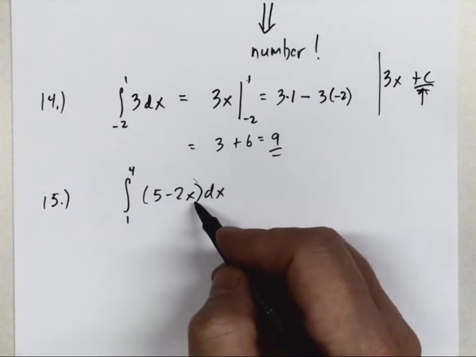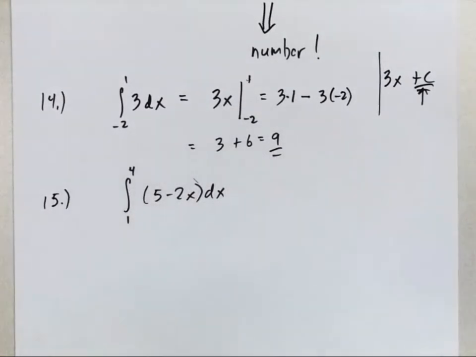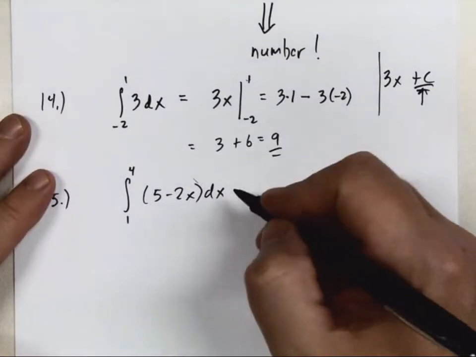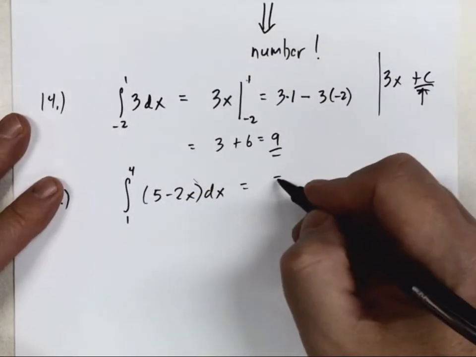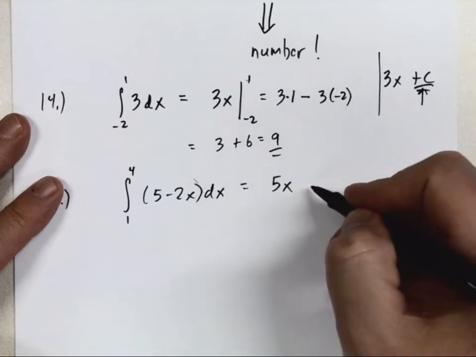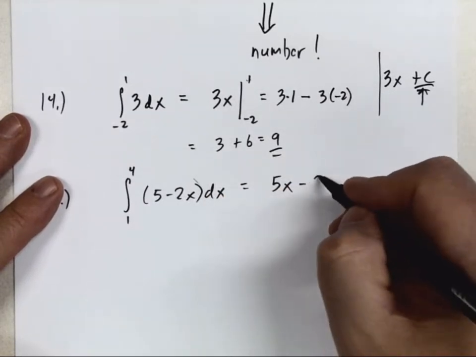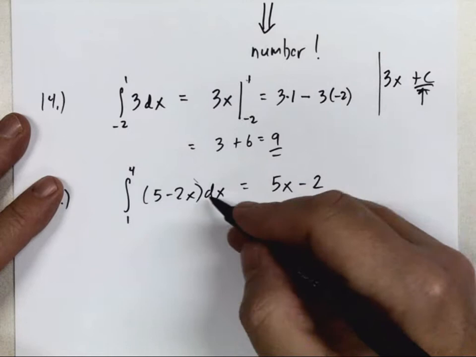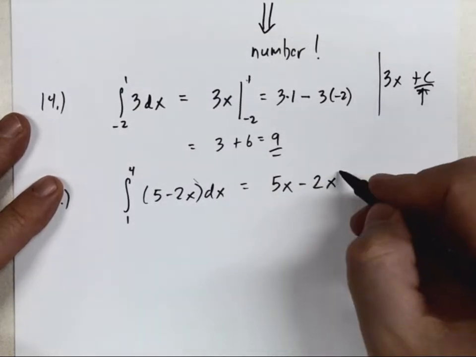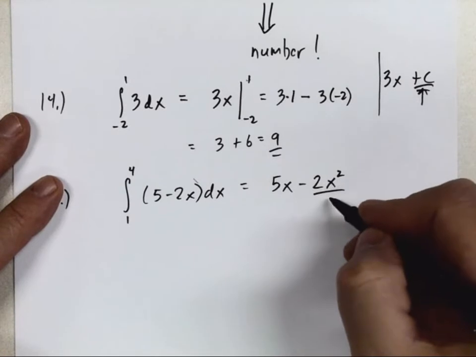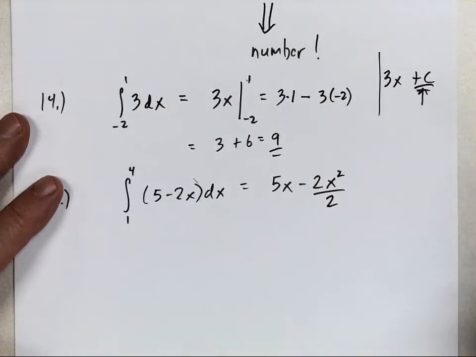So you integrate first, then you involve these numbers. So if I integrate this, I can integrate the 5 first. 5x minus 2. Now, if I integrate this, I have to add 1, and then the exponent goes on the bottom.